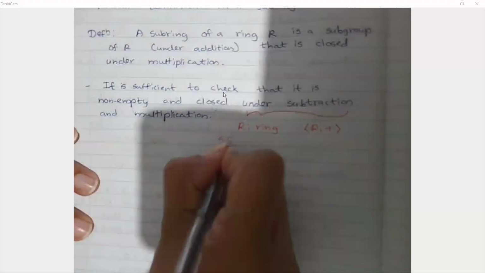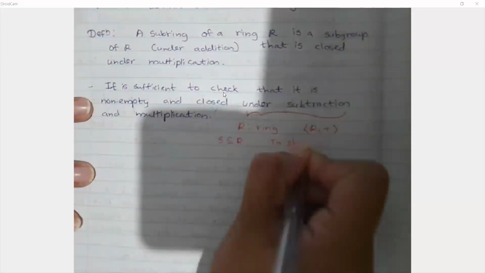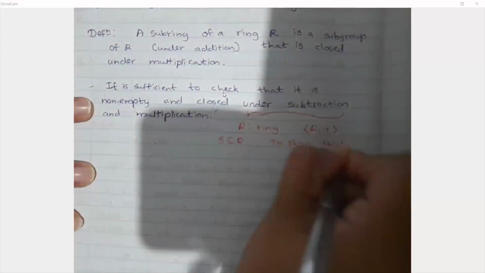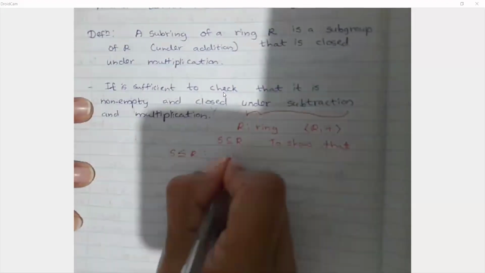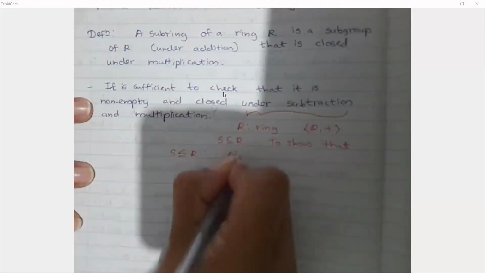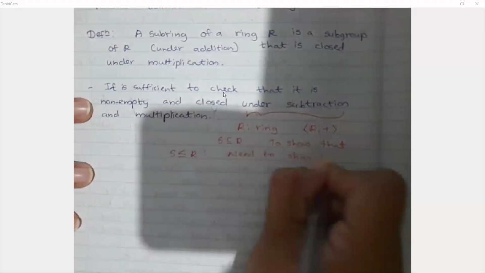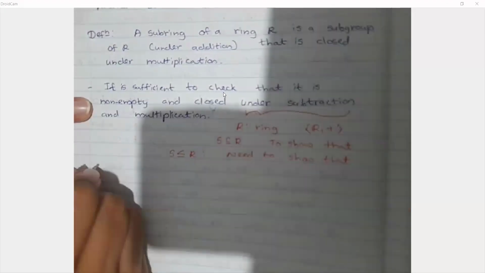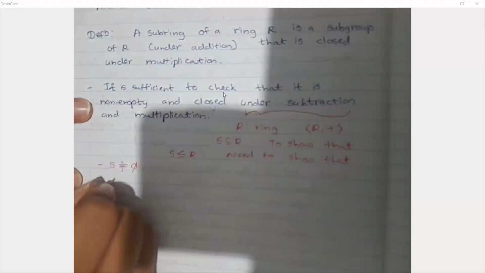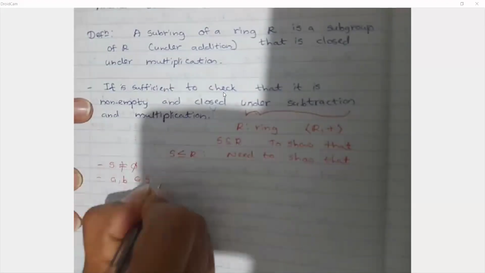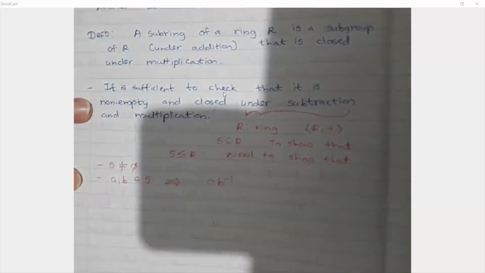S is a subset of R. To show that S is a subgroup of R, by the subgroup criterion, we need to show, first, that S is not empty. Second, for any two elements A, B that you take from S, AB inverse is in S.